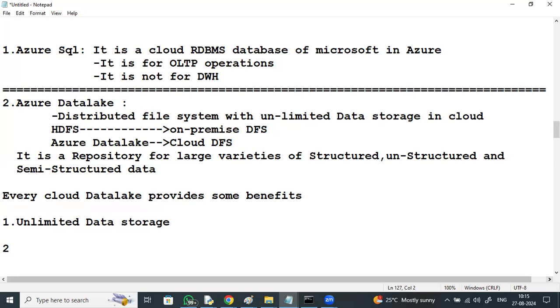Secondly, if you talk about Azure SQL, it's a database where you mostly see data in a structured format.